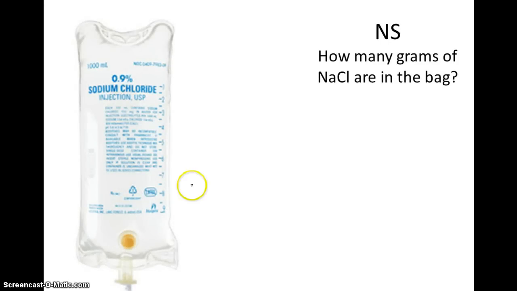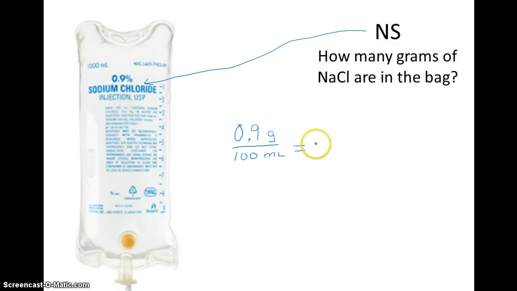One of the most common IV fluids is normal saline, and this abbreviation NS for normal saline refers to sodium chloride that is at 0.9%. Again, this is a percent measure. So I take the percent, 0.9, and that's my grams per 100 milliliters. And the question asks me how many grams of sodium chloride are in the bag.